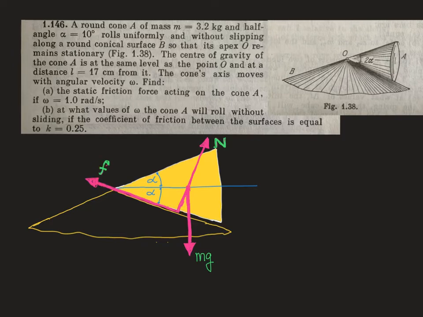If you look at the center of mass of the cone, it has an acceleration towards the center of the circle, as the center of mass of the cone is moving in a circular path, and the axis of rotation is this vertical one.